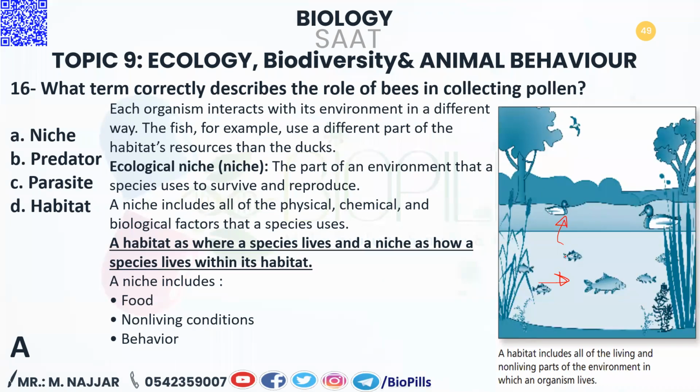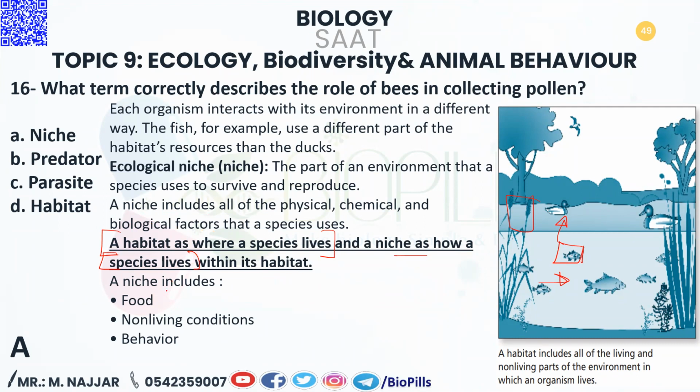Again, niche includes all of the physical, chemical, and biological factors that this species uses from the environment. So a habitat is a question of where the species lives, and niche is a question of how the organism lives within its habitat.